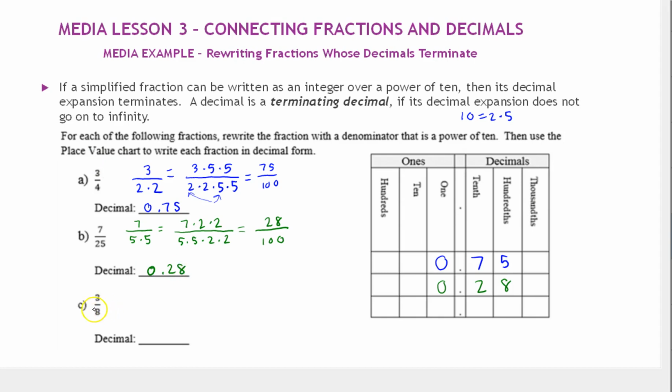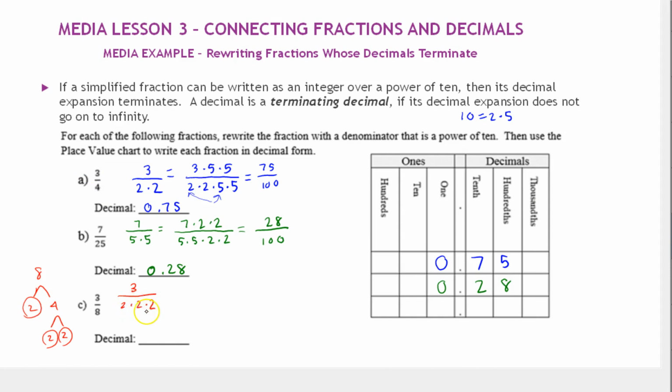Let's look at the last one. This was the trickiest one when we drew the picture. Don't worry, you don't have to draw the pictures a lot, if ever. It's just a way to help us understand it. Let's see how this one's a little bit different when we factor it. 8, let's make the factor tree, is 2 times 4, and 4 is 2 times 2. So 8 is 3 factors of 2: 2 times 2 times 2.